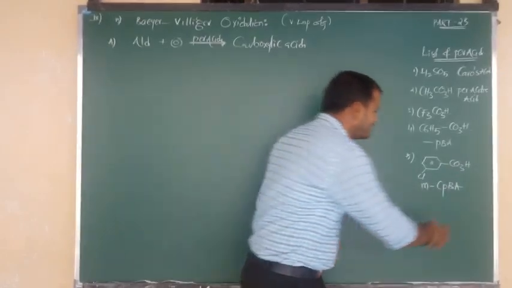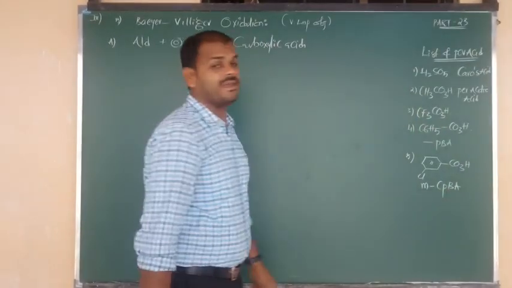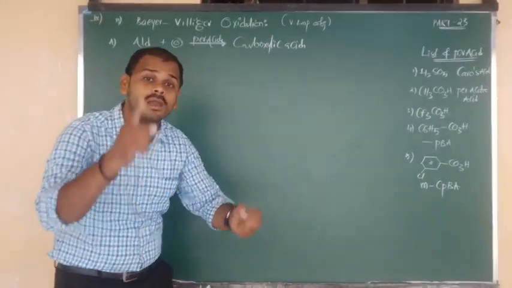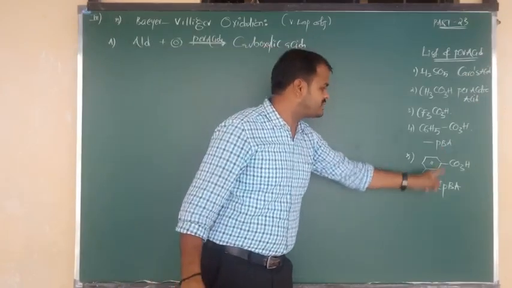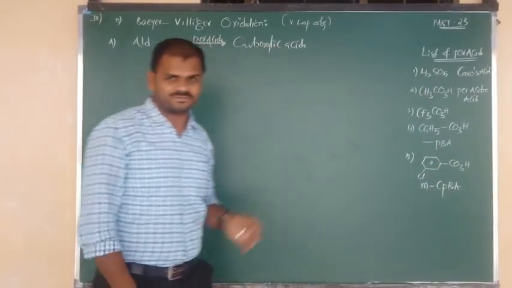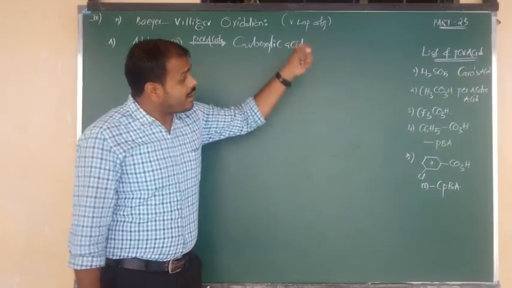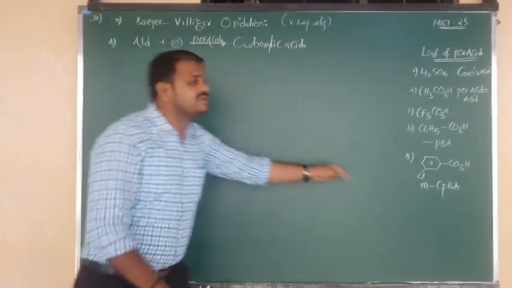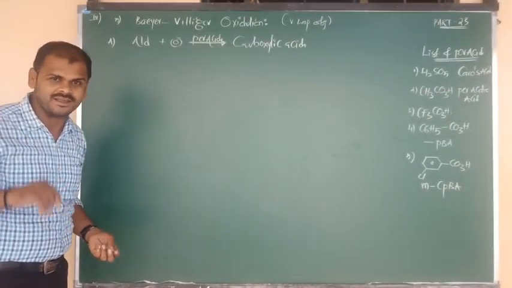On the arrow they mention these short names, otherwise sometimes they give the formulas. Any one peracid you can use in the Baeyer-Villiger oxidation reaction. I hope you understand.